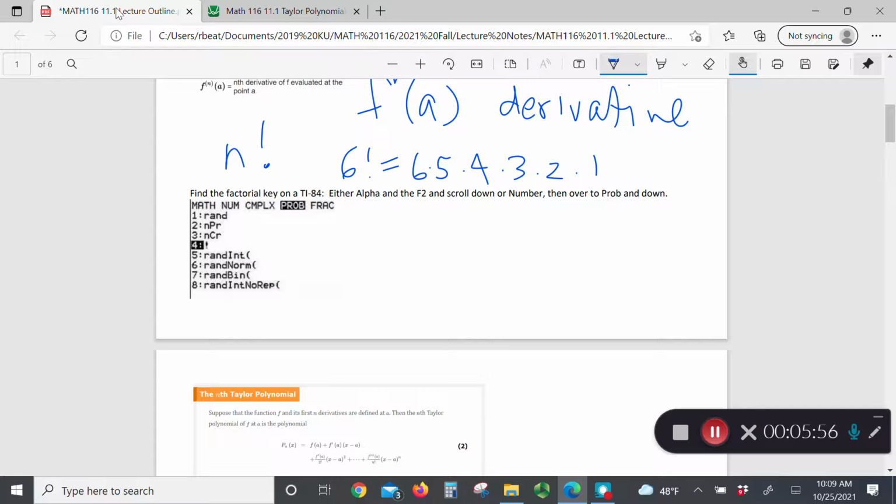So you either use alpha and F2 and then move over to probability and down, or there's a shortcut. And I don't ever remember the shortcut, but I found a YouTube video that has the shortcut, and I have given you access to that, so you can go watch that video as well.